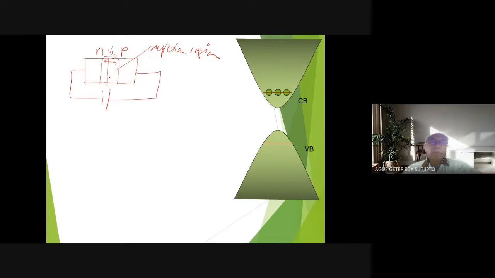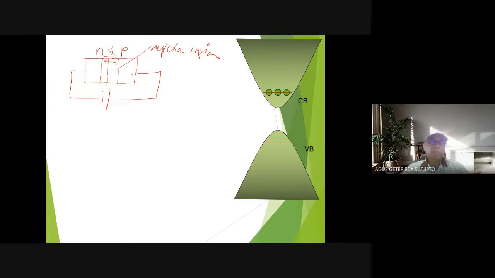Then, for example, we apply the forward bias, where the negative terminal of the battery is connected to the N and the positive to the P. So in this case, there is the injection of electrons from the battery to the PN junction. We have a diode here. Then what happened?